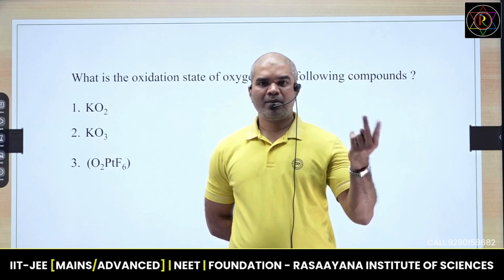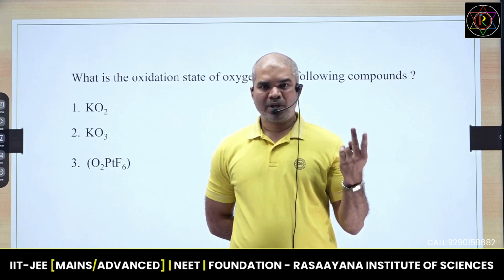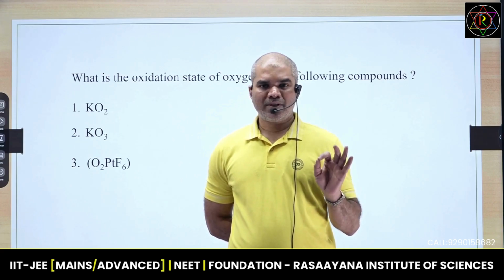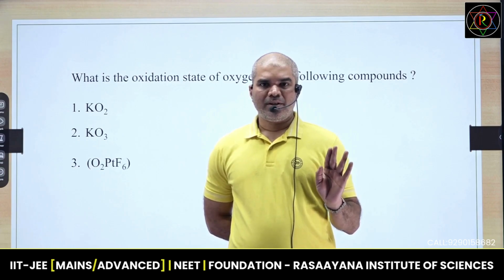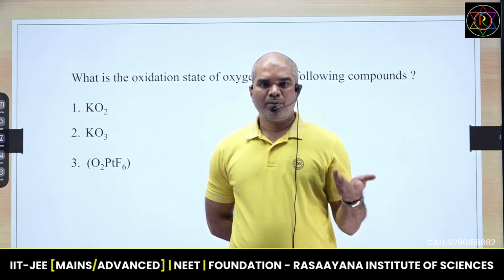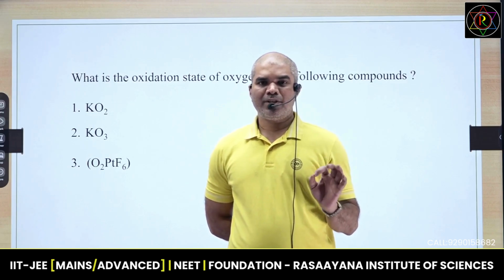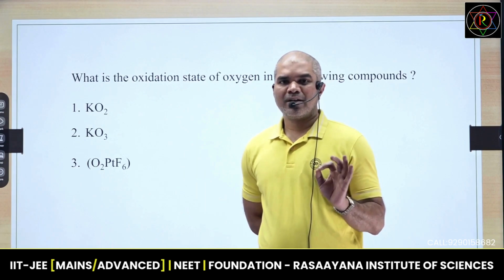We can't say variable oxidation state because it belongs to P block. No, it belongs to halogen, fine, but it has a fixed oxidation state of -1 only. There is no other oxidation state for it. But if I go for chlorine or bromine, then oxidation states can change. But fluorine has a fixed oxidation state. Okay, so fluorine becomes an innocent ligand.